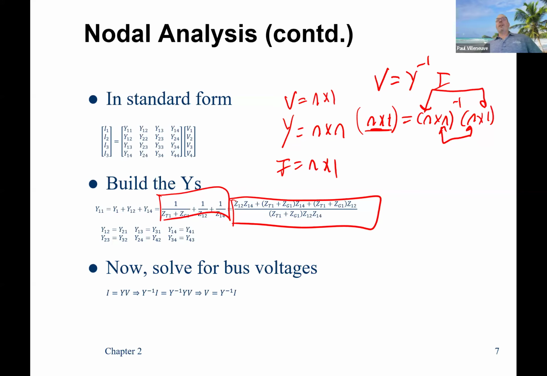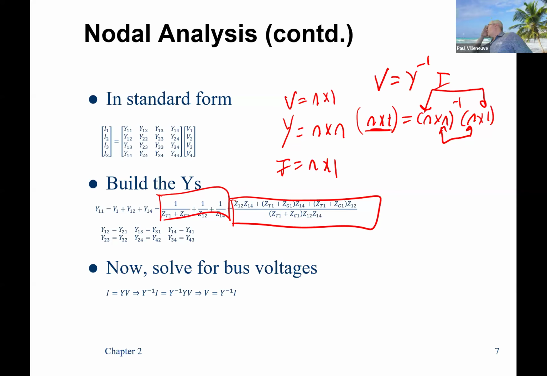So if I want to multiply matrices in my calculator or using MATLAB, I've got to make sure that my voltage matrix is equal to the inverse of my Y matrix times my I matrix. Has to be in that order. I cannot put in my calculator V equals I times the inverse of my Y matrix, because the dimensions won't match and you'll get a dimensional error. Okay, just can't do it.